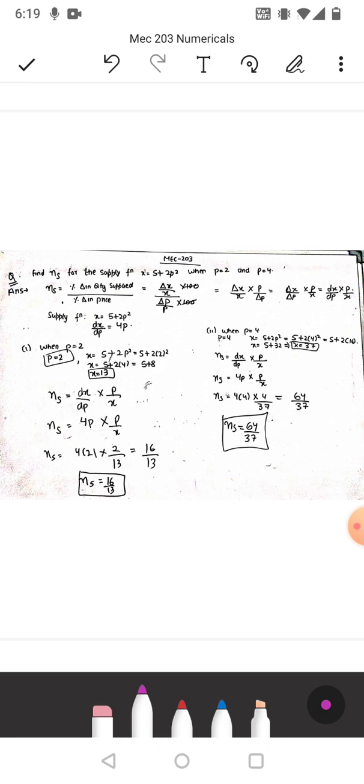When p equals to 4, x is equals to 13 after substituting the value and solving it. Now we'll solve the value of elasticity of supply function, that is 16 by 13 after solving. So when p is 2, elasticity of supply is 16 by 13. Similarly when p is 4, we get x as 37. After calculating the value, we get elasticity of supply as 64 by 37.